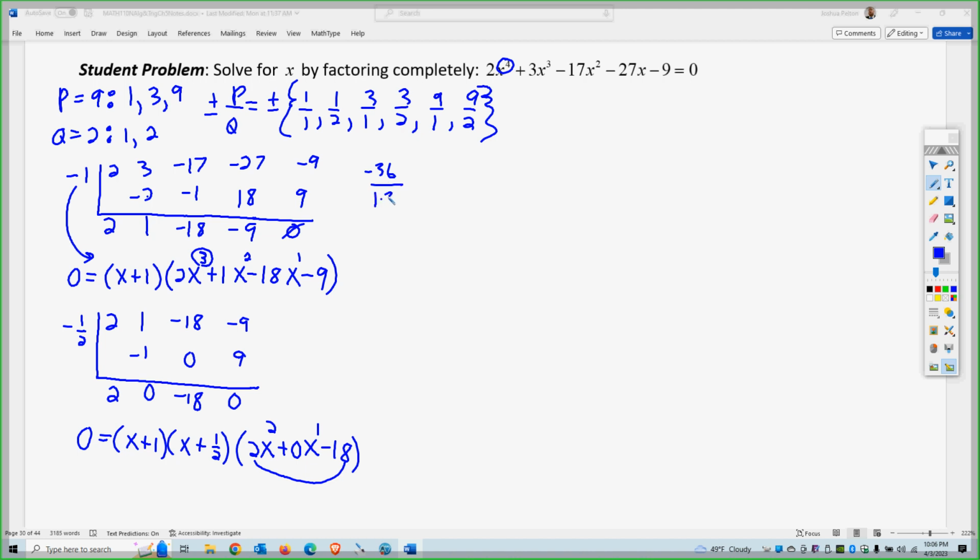So that's 1 times 36, 2 times 18, 3 times 12, 4 times 9, or 6 times 6. Well, here's the problem. I need to get 0. So one of these has to be negative. Is that going to work out for us?